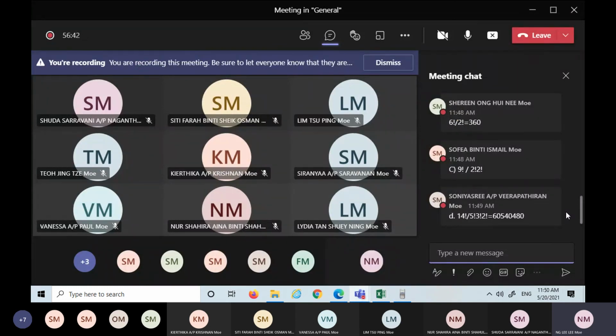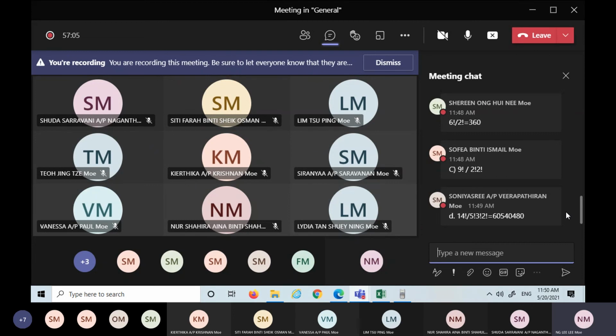I feel very worried. Sonia, D is very complicated. Let me see. Is this 14 alphabets? Schistosomiasis, my goodness. 14 alphabets, correct? Which ones are repeated?